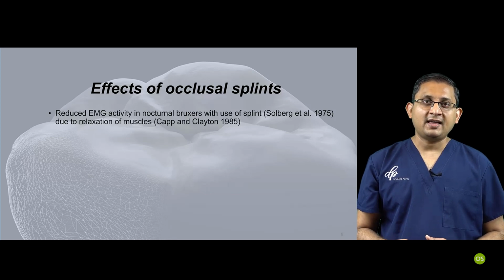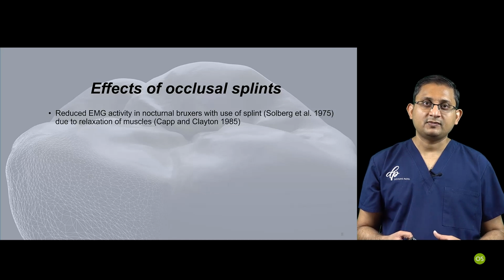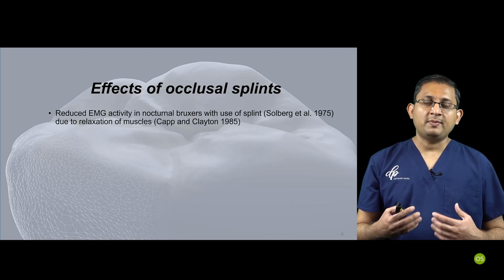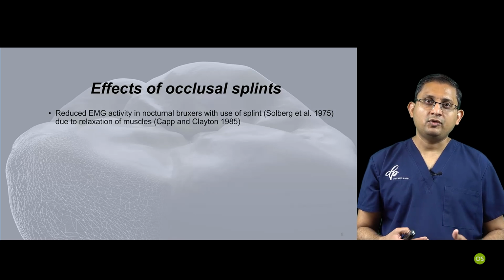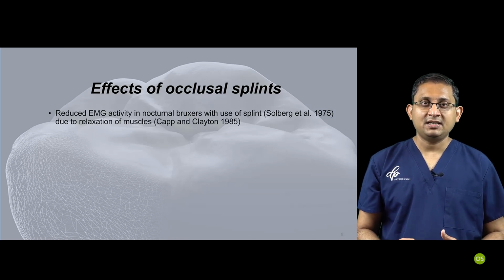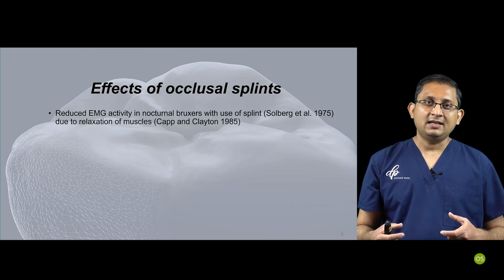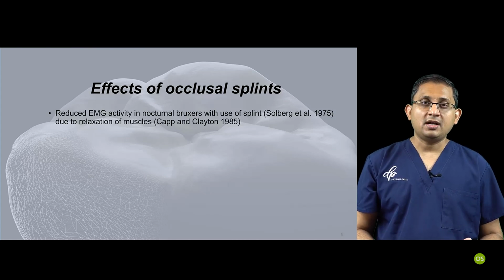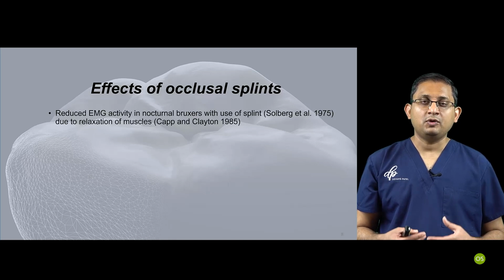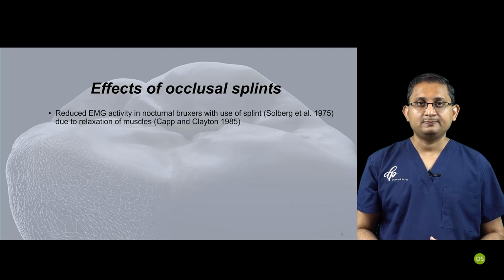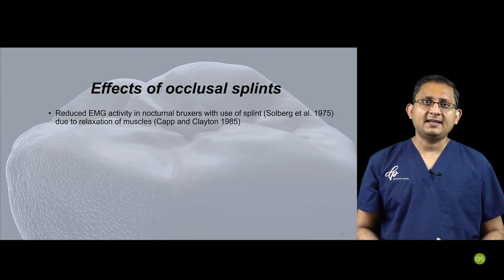And because of that, we can say that it relaxes the muscle and pushes the jaw back into a more relaxed position. Furthermore, it helps in the TMJ area, because the joint is now positioning or trying to go back into CR, which we know is a more stable musculoskeletal position. So that's how the splint helps.